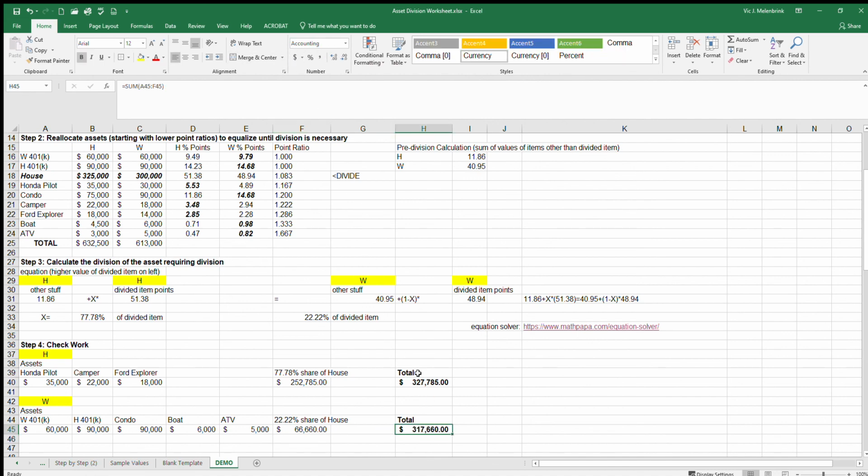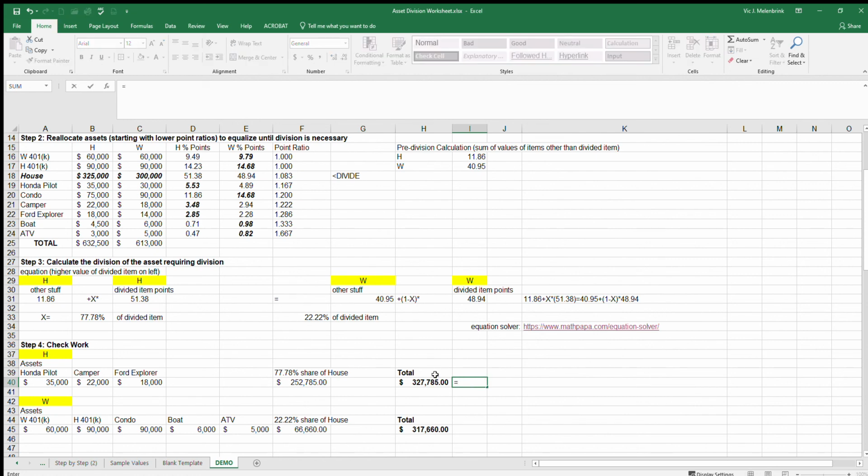So this over here is the total. So you can see what I did is I added up all these things. That gives me the total number of dollars. Husband thinks he's getting $327,785. Wife thinks she's getting, if you look at the sum here, $317,660. But here's the key. Let's see what the percentage is.